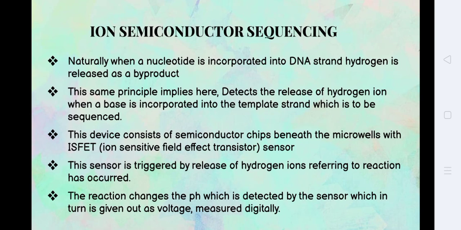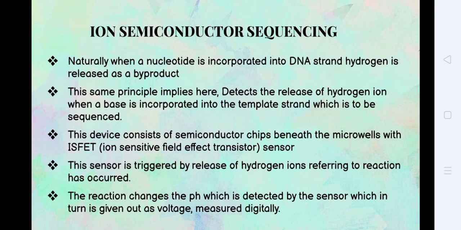as a byproduct. This same principle is applied over here, wherein this method detects the release of hydrogen ion when a base is incorporated into the template strand which is to be sequenced. This detection is based on a sensor. There are various microwells in this device beneath which a semiconductor chip is present.